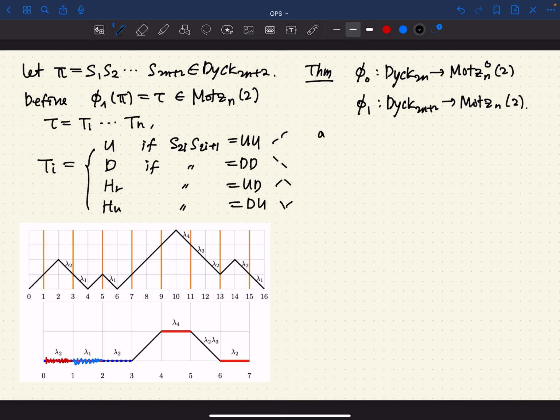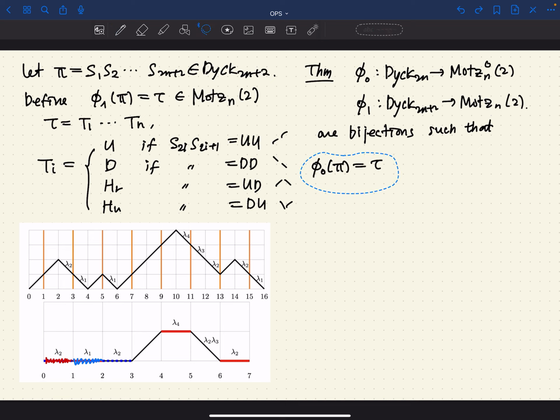Then these are bijections such that, if phi 0 of pi equals tau, or maybe I can write it here. If we have this, then what is the relation between the weight of pi and the weight of tau? Okay, I think I need more space.